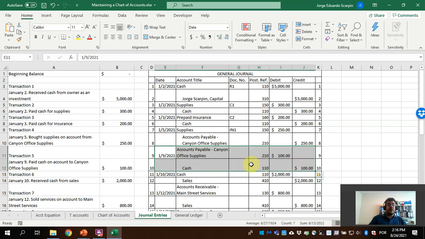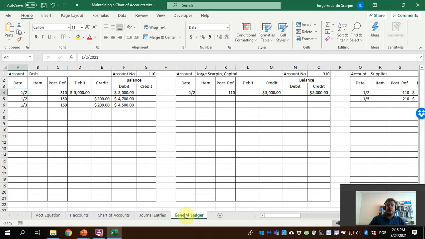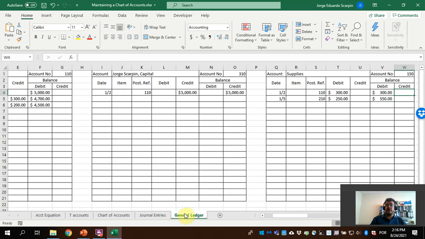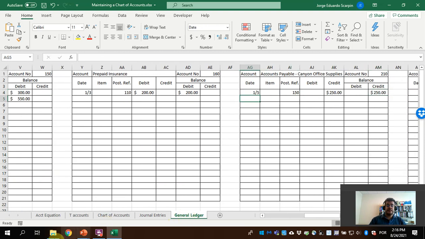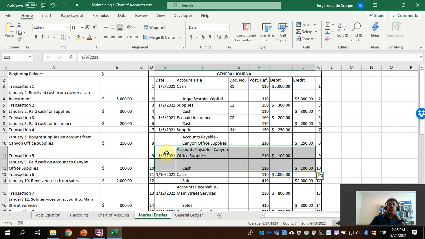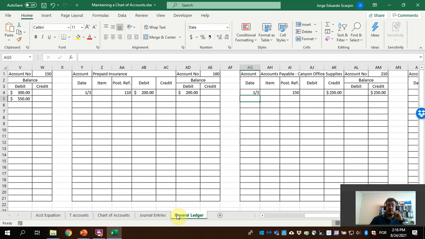So, the transaction number 5, we are paying it. So, accounts payable. Canyon, 100. So, here, accounts payable. January 9th, cash, 110. Cash 110.